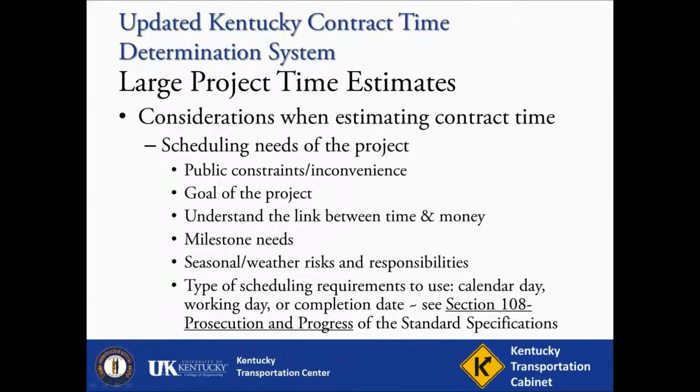Completion date contracts use calendar days and the anticipated letting date to determine a completion date. Both calendar day and completion date contracts place weather risk on the contractor. For further information related to project scheduling contract requirements, refer to the current Kentucky Standard Specification for road and bridge construction.